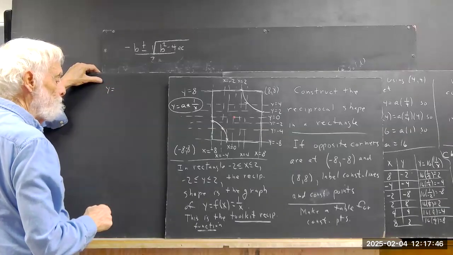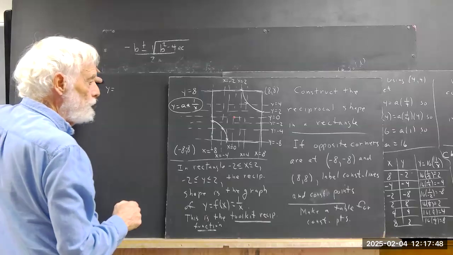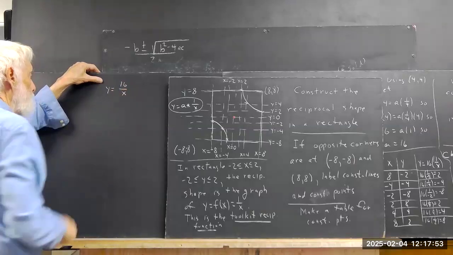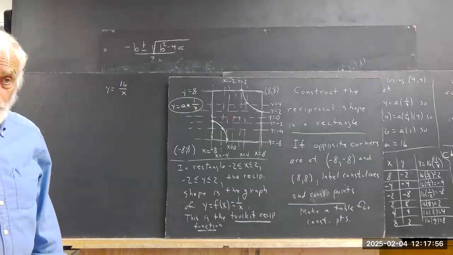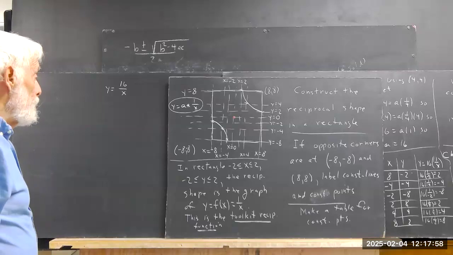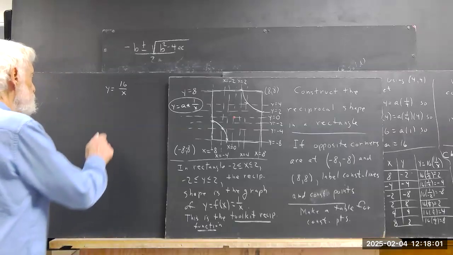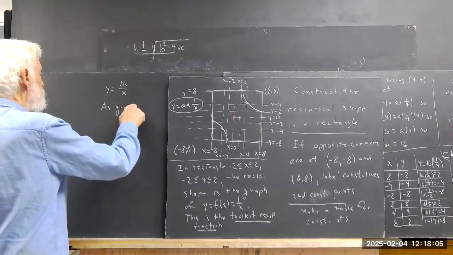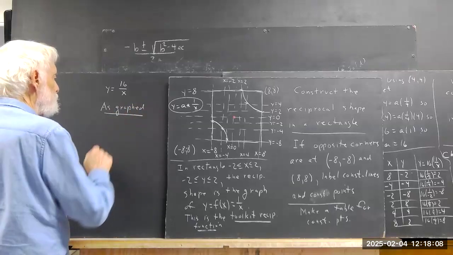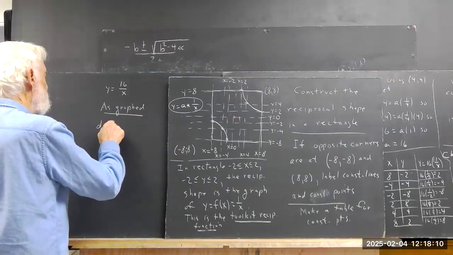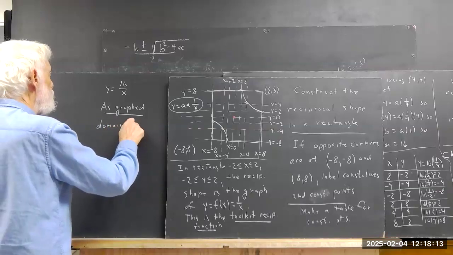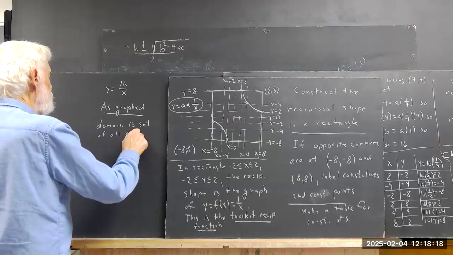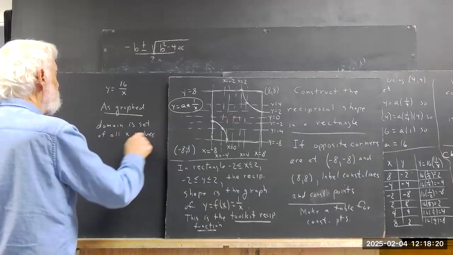And when we plugged in all the numbers, we got y equals 16 over x. As graphed, the domain is the set of all x values.